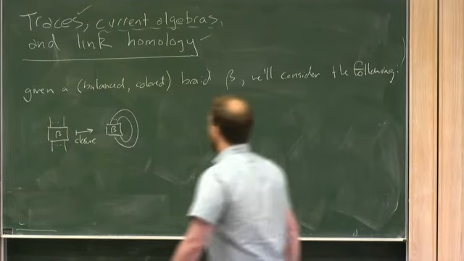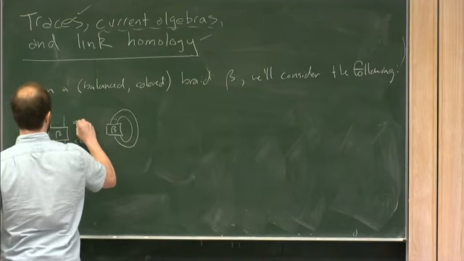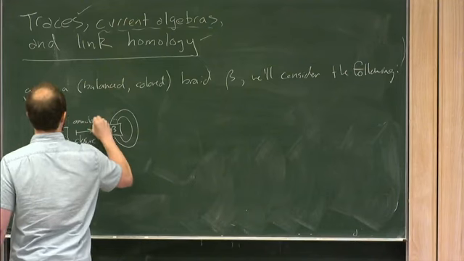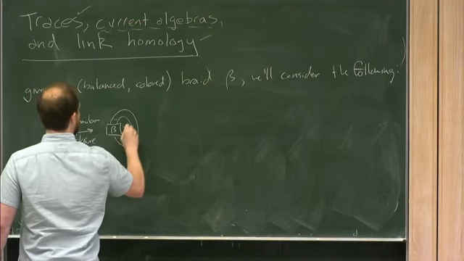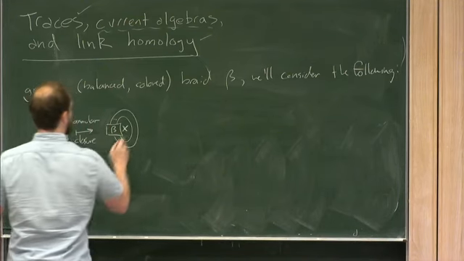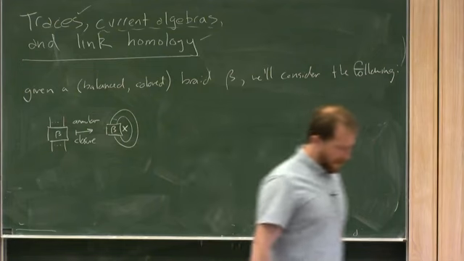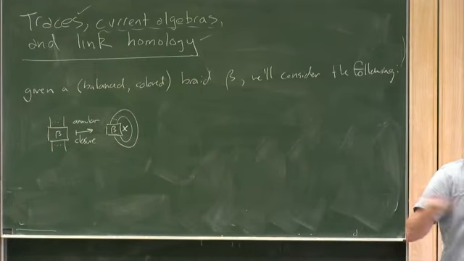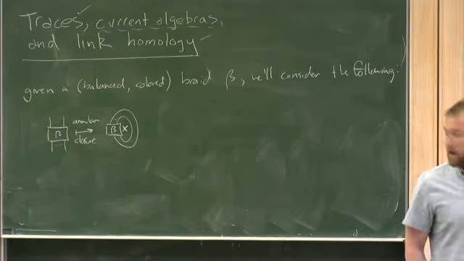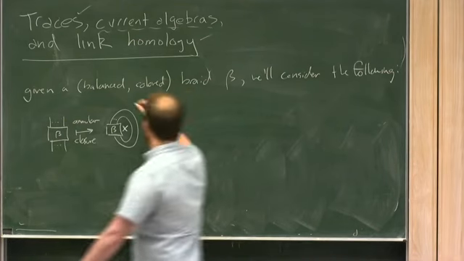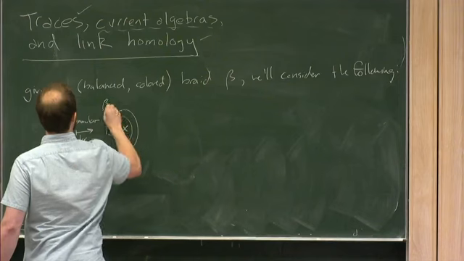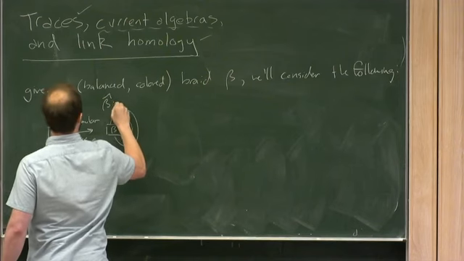But let me qualify this by saying I want to take the annular closure, which means that I'll put some puncture point. So maybe this is some step halfway between fully closing the braid and thinking about the link in S3. This thing I'll denote throughout by beta with a hat.